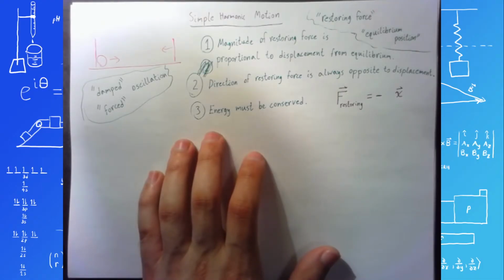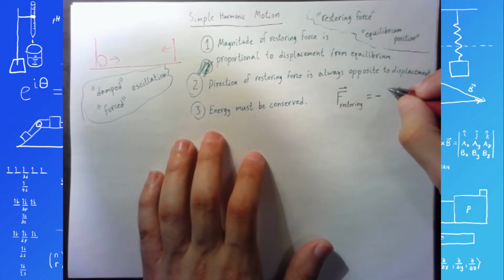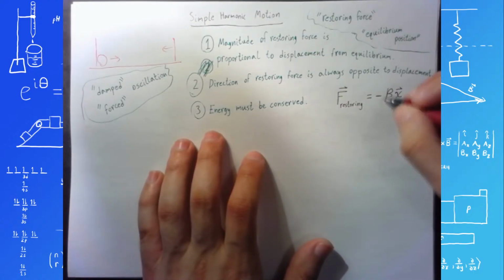R is taken, S is taken, L is taken, H is taken, M is definitely taken. O is just going to look like a 0, so that's no good. P is taken. You know what? Fine. Let's use the Greek alphabet. Beta times x, where beta is some constant.